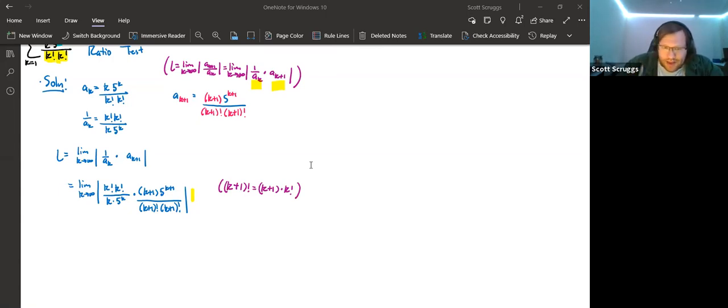And what that will do if I do that for the denominator, I'll copy that down and paste it here.